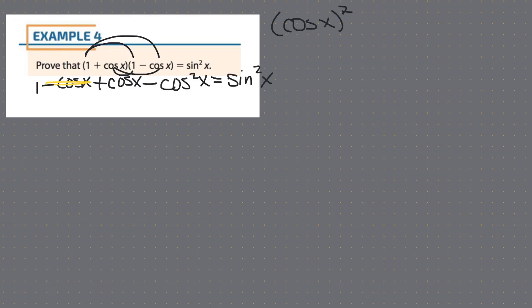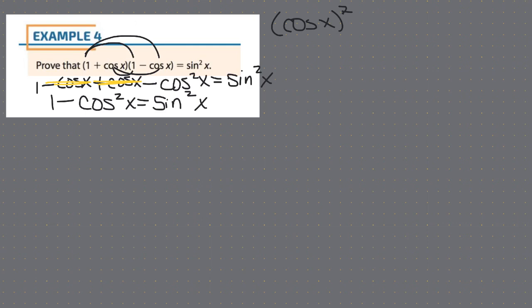We got a negative cosine x and a positive cosine x. Those go away. Oh, look what I'm left with. 1 minus the cosine squared x is equal to the sine squared x.